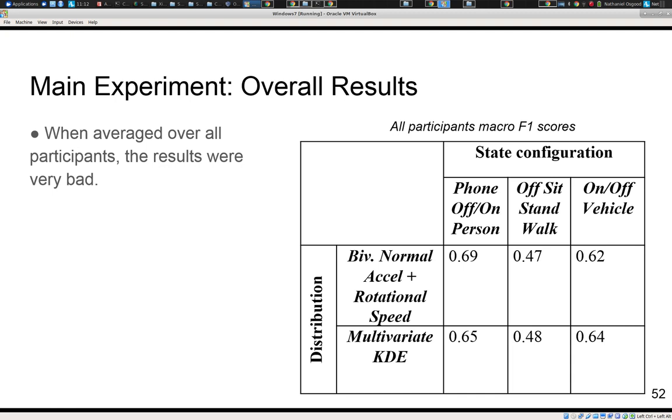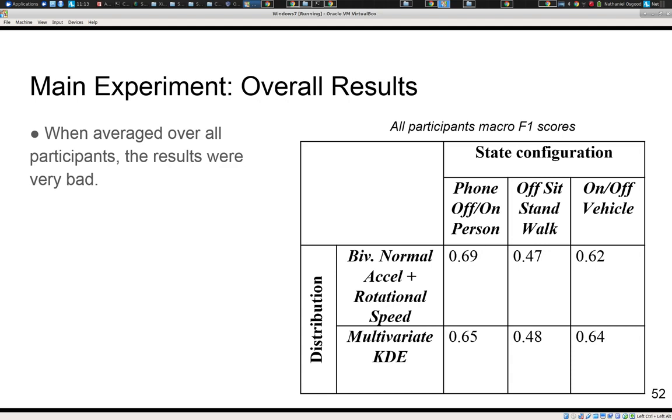What's the distribution of acceleration and rotational speed that we could see? And we examined it in a parametric way with a bivariate normal, basically a multidimensional normal distribution, in this case 2 dimensions, versus a kernel density estimate, which is basically a smoothed version of the empirical data.